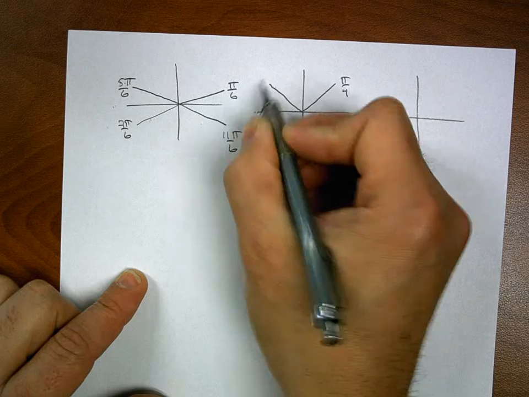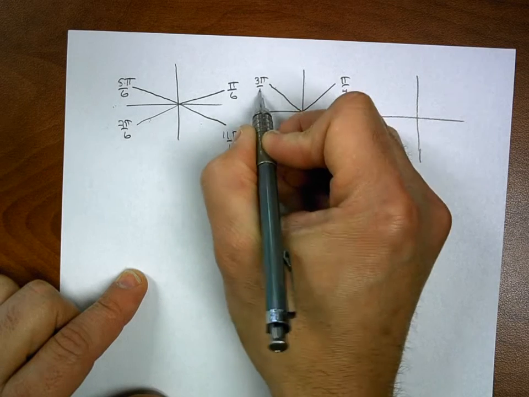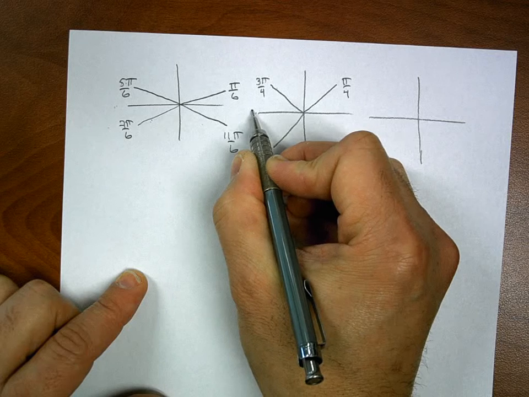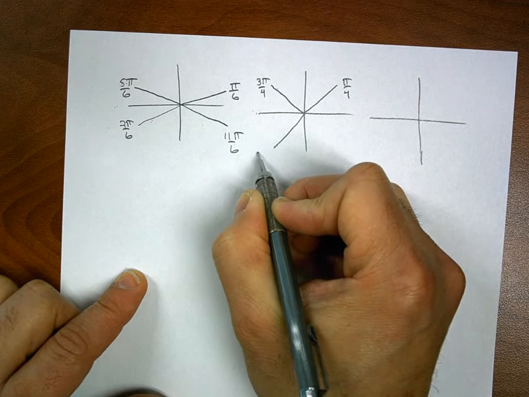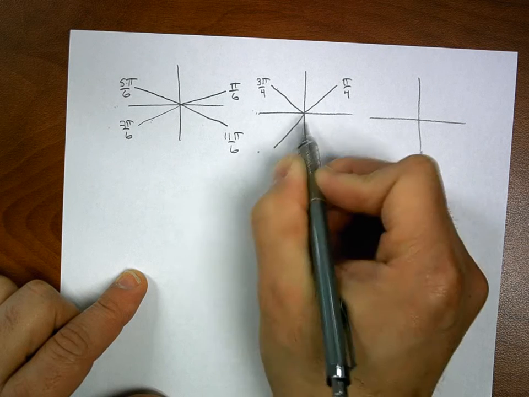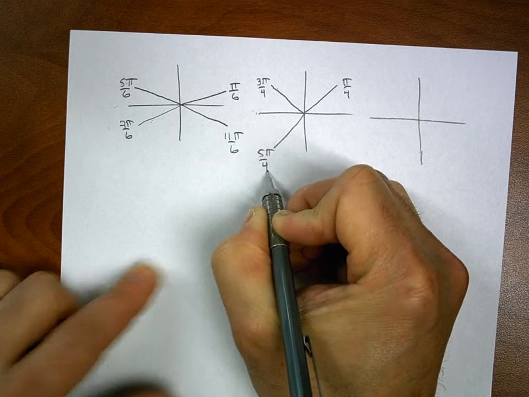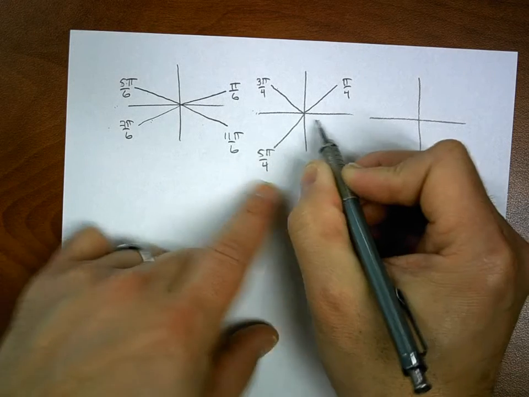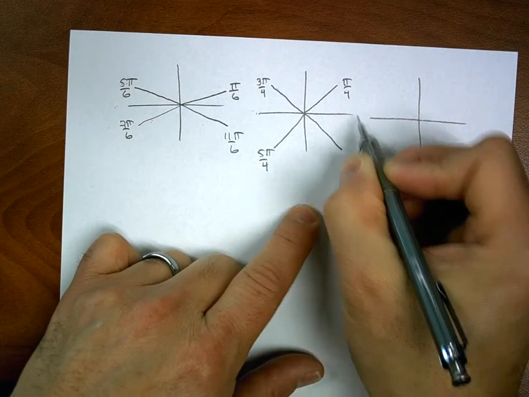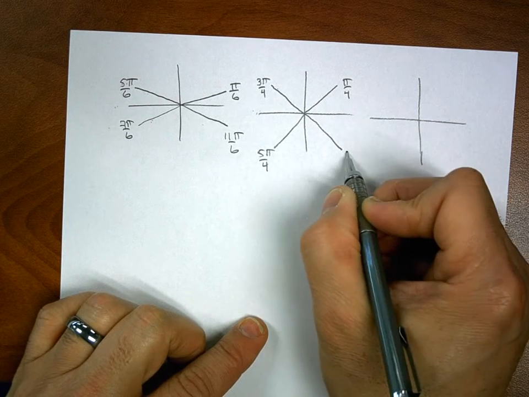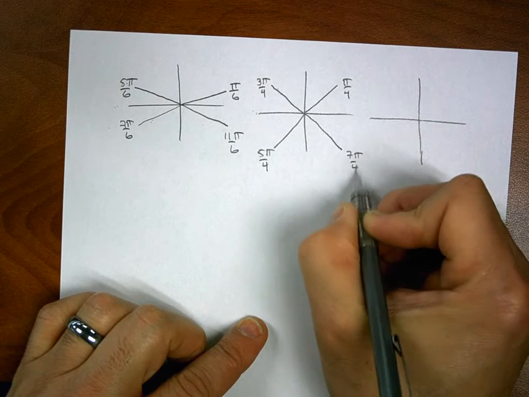And then over here, if this is 4 pi over 4, well, over here is what? Go one more. So 5 pi over 4. And then if I go in the fourth quadrant, it's not quite 8 pi over 4, because that would be 2 pi. So this would be what? 7 pi over 4. Those are the 45s.